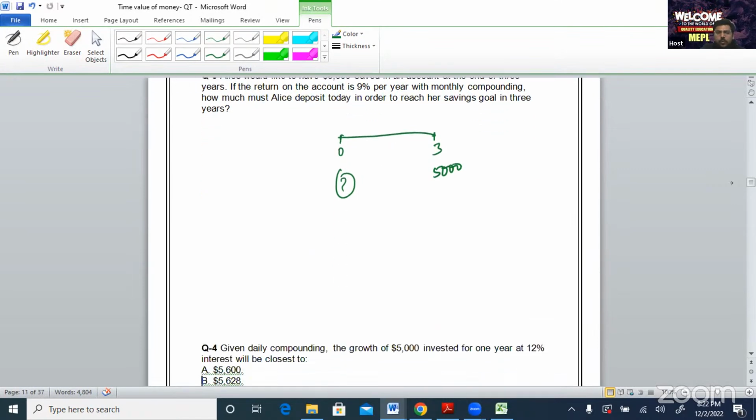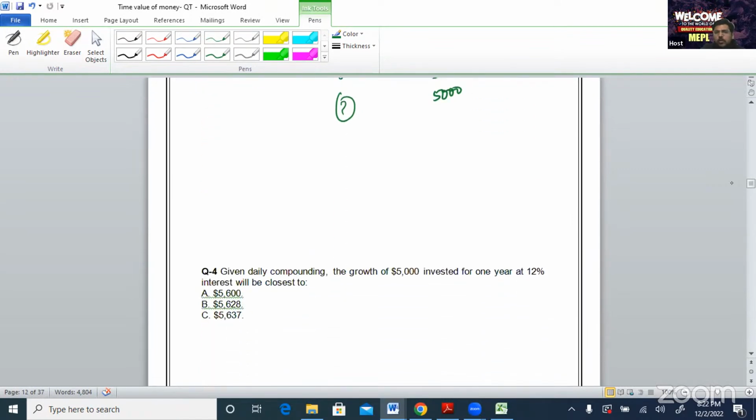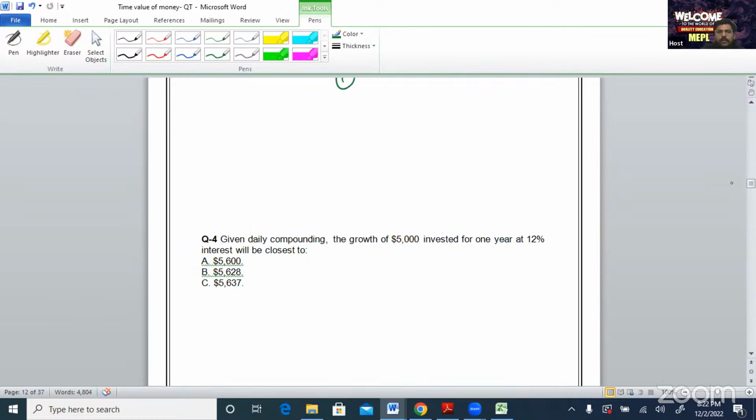This is the last question for today. So you can just try this question. Given the daily compounding, the growth of 5,000 invested for 1 year at 12% interest will be close to. Okay. So I'm giving 1 minute to everyone.